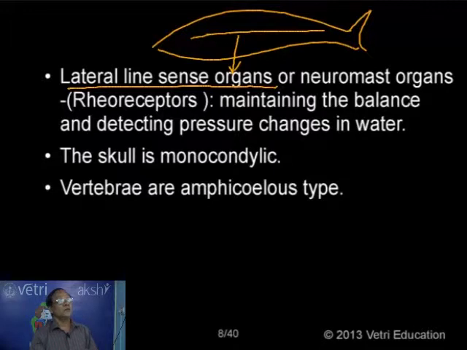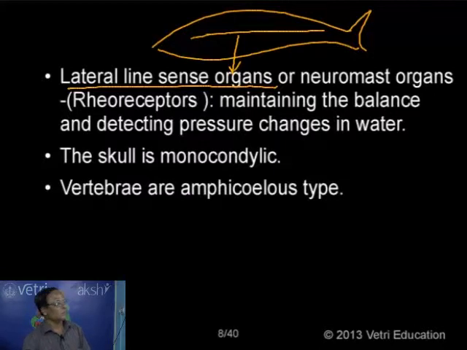They have the ability of maintaining balance as well as knowing the nature of the pressure. Some fishes can live only on the surface waters, some at the middle level, and some at the bottom. They are called benthos, or benthic animals. So how can they know? They can live only in a particular pressure. Suppose a fish living on the surface of water goes down, where the pressure is higher, because when depth increases, pressure also increases.